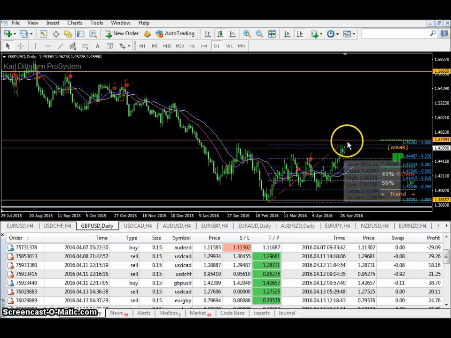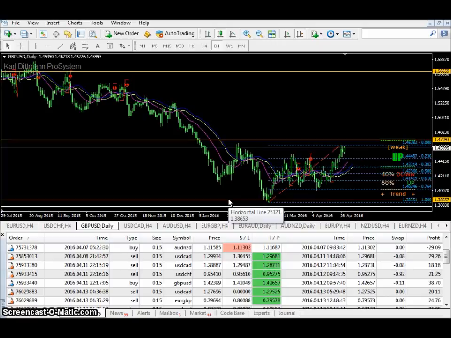So whenever you see something like that and you think, oh well, it's going to go up, but if you look at the overall trend is down, so there's a good chance that it could go down to this level right here. So you kind of got to watch that. And there was a major drop in the euro this week, so I'm looking for it to retrace a little bit.